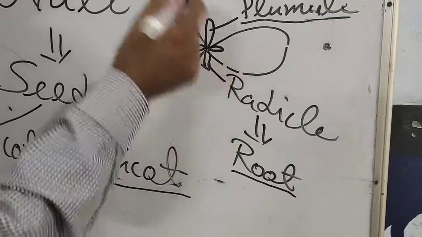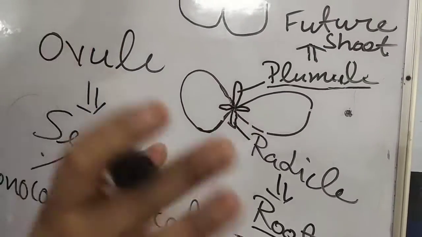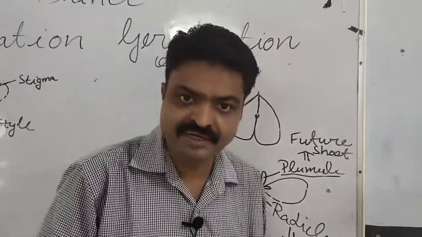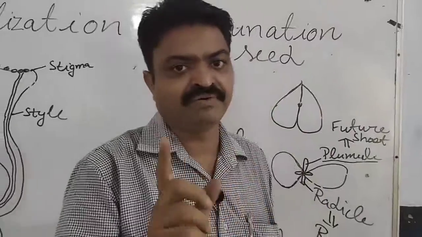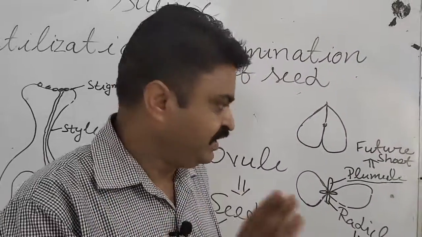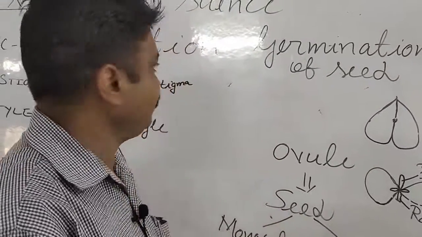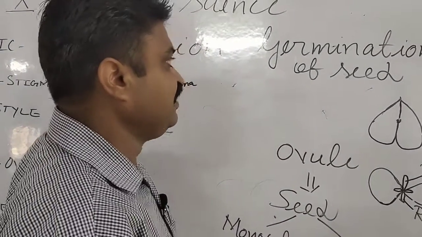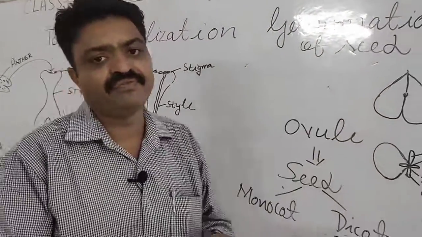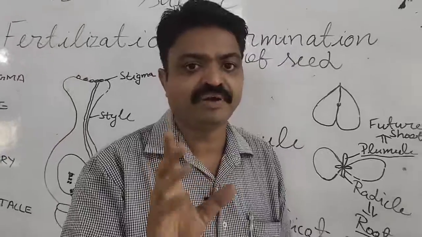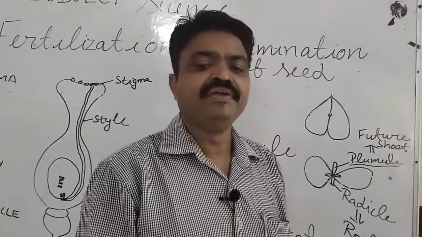Now it is about the development of the embryo, from which we get the plantlets, and the plantlets develop into plants, and the plants develop into trees. In sexual reproduction, what plays a very important role? It is fertilization, and after fertilization it is germination of seed, and from the seed we get the new plant, student. So it is about the sexual reproduction in plants.